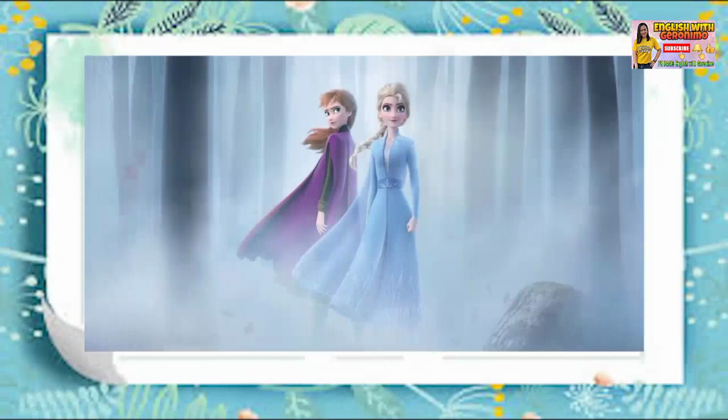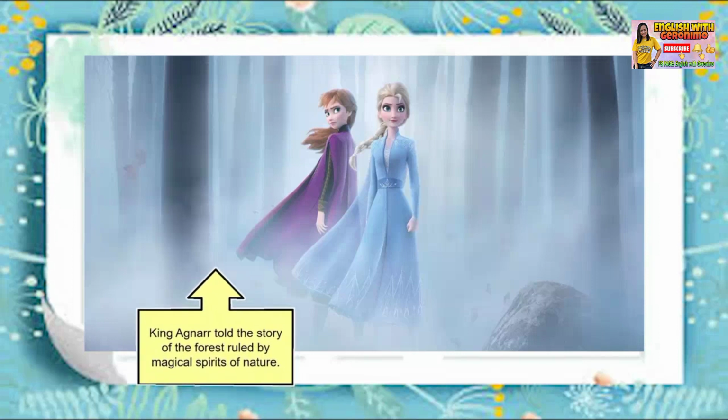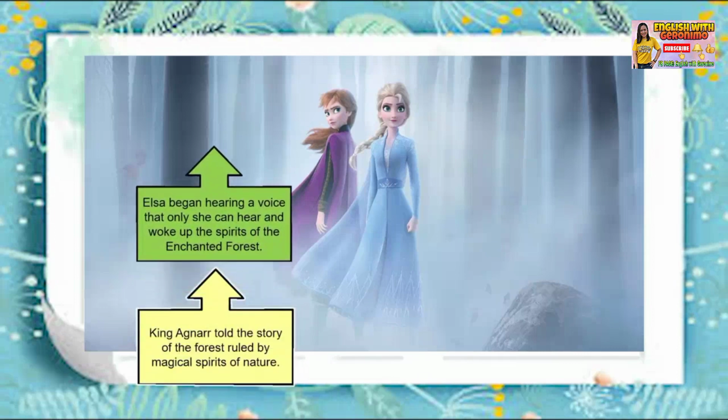In the movie Frozen 2, the plot also has 5 significant points according to Freytag's Pyramid. First, King Agnar told the story of the forest ruled by magical spirits of nature. Second, Elsa began hearing a voice that only she can hear, and woke up the spirits of the enchanted forest.